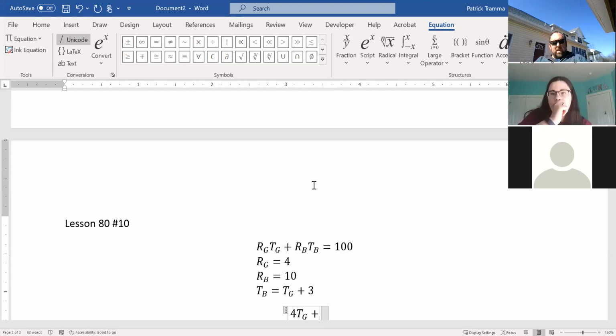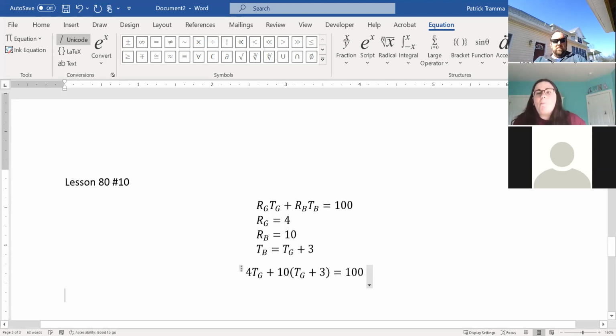R sub B plus T sub B, not times T sub B. So what's R sub B? 10. And what is T sub B? T sub G plus 3. Very good. Equals 100, right?